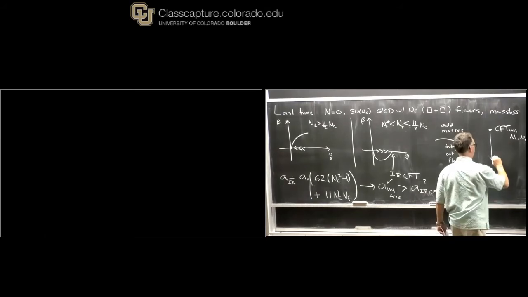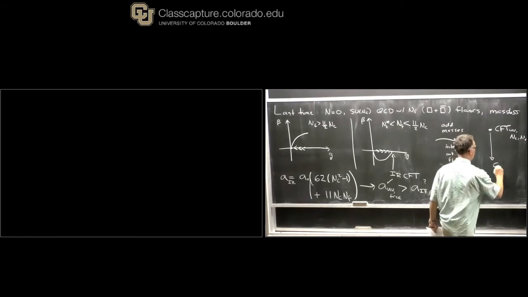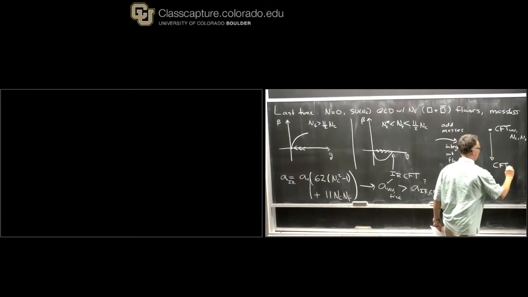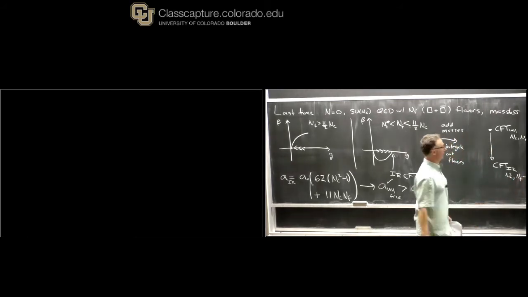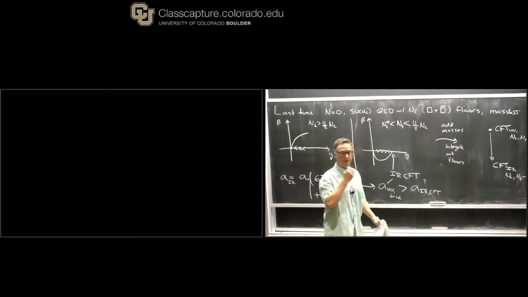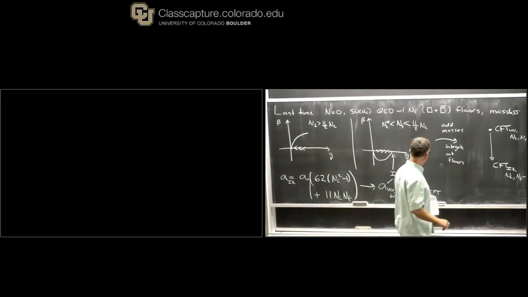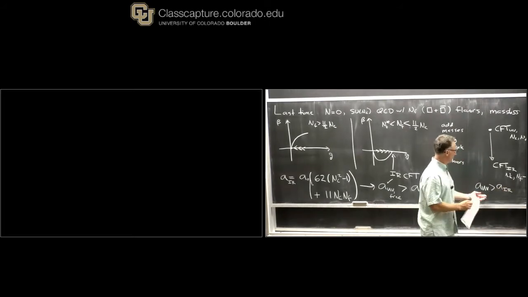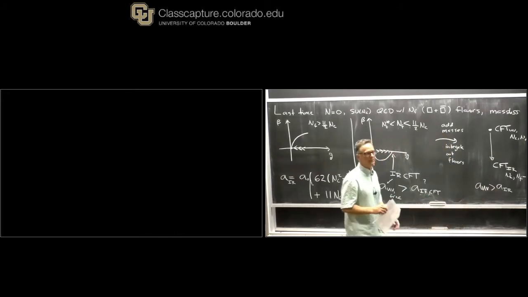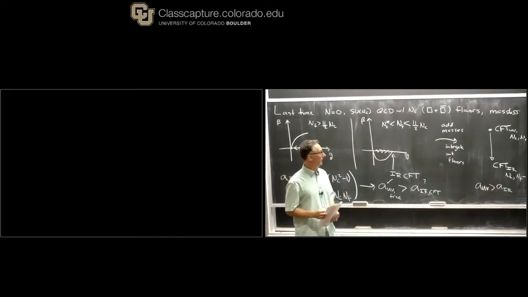And then we could have, for instance, an RG flow to a CFT in the infrared, where NC stays the same and NF goes down by 1. So we could have these kinds of RG flows. And again, now we would say that A of the UV should be bigger than A in the infrared. And here in general, we don't know how to compute either one of these, but this is some inequality that we expect to hold.